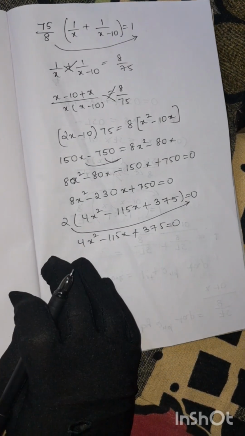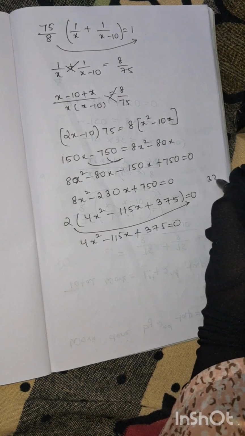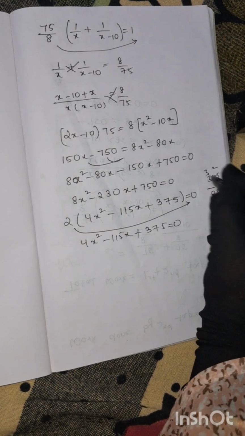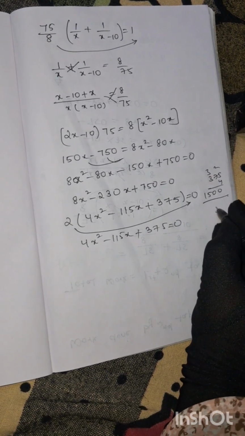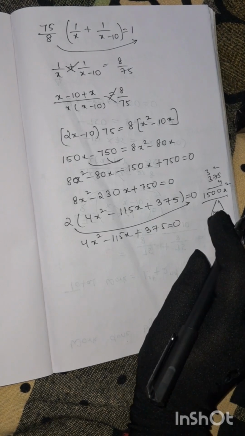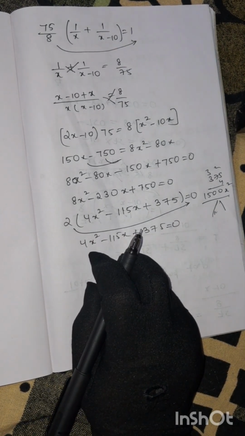Now here we have to take the roots. So 375 times 4 is how much? 1500. So if we multiply, we should get 1500 x square, but if we add, we should get 115.